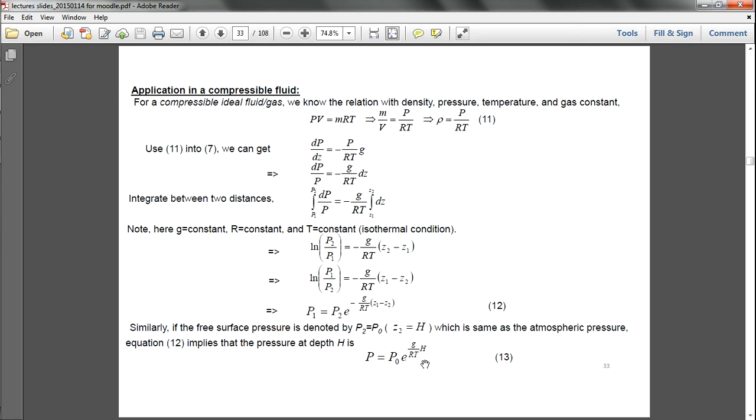When you exponentiate it, you're actually increasing the amount of atmospheric pressure. So let's say atmospheric pressure is 101 kPa. Exponentiate it with a certain height, and your pressure will increase, because with depth you increase pressure, right?